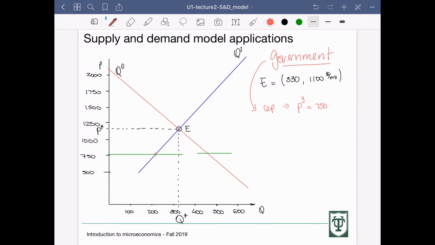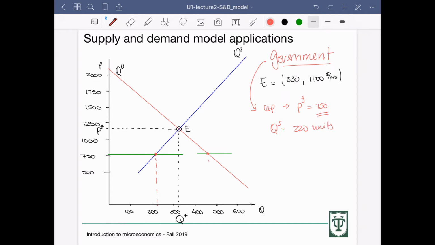However, we find ourselves in a situation of disequilibrium, because at this price, suppliers are only willing to supply about 220 units.